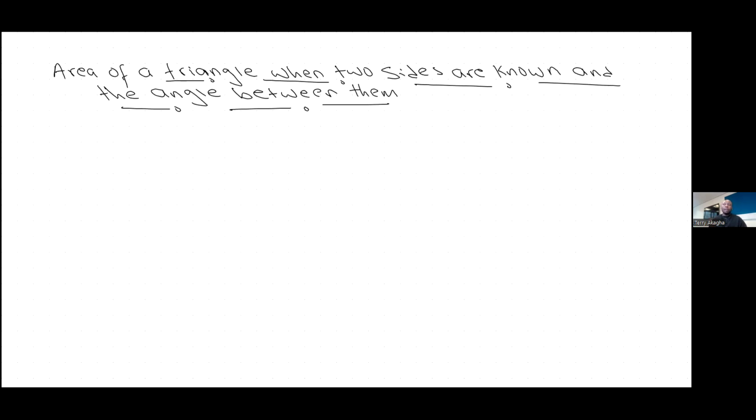So we're going to find the area of a triangle using the two sides and the sine of the included angle, okay? Let me just write this down so that those that are writing have something to jot down.